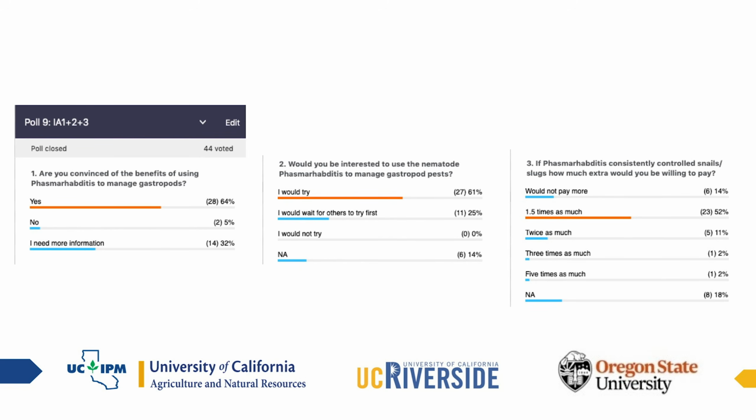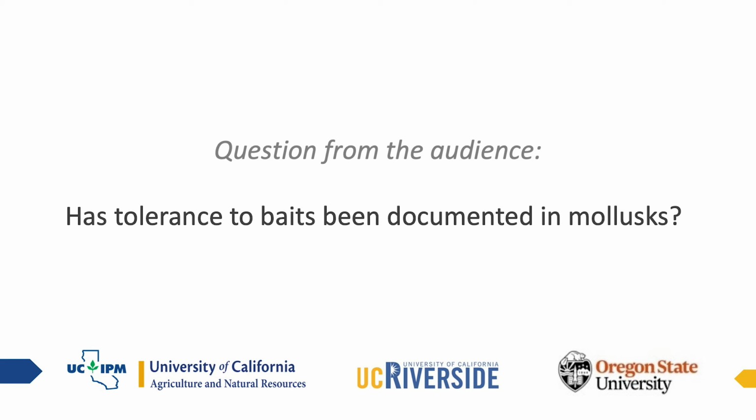So thank you. I will go to the questions. The first one is from Martin, and I think this was for Cheryl: has tolerance to baits been documented in mollusks? As of right now, there hasn't been any documentation. There have been some questions people have asked me about that, and the bait that people were asking about is metaldehyde.